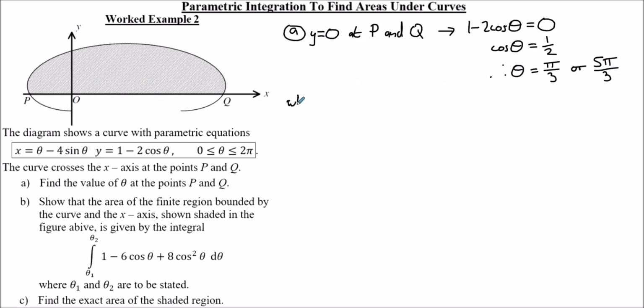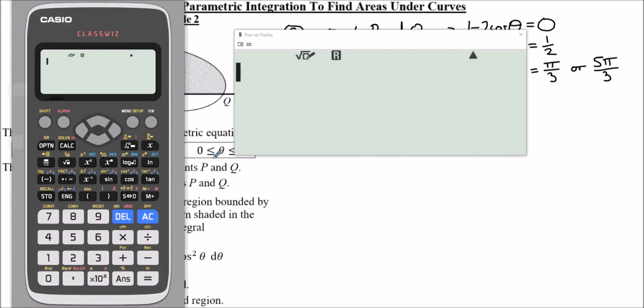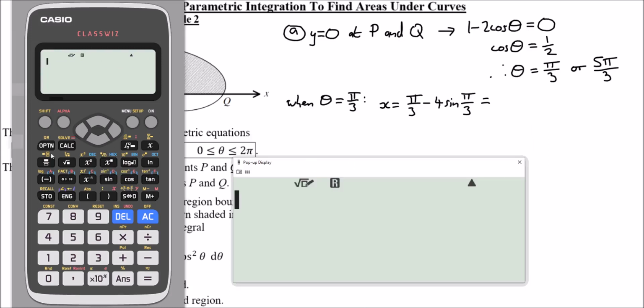So when theta is pi over 3, that gives us that x is pi over 3 minus 4 sine pi over 3. If in doubt, just use a calculator for this if you really want to.